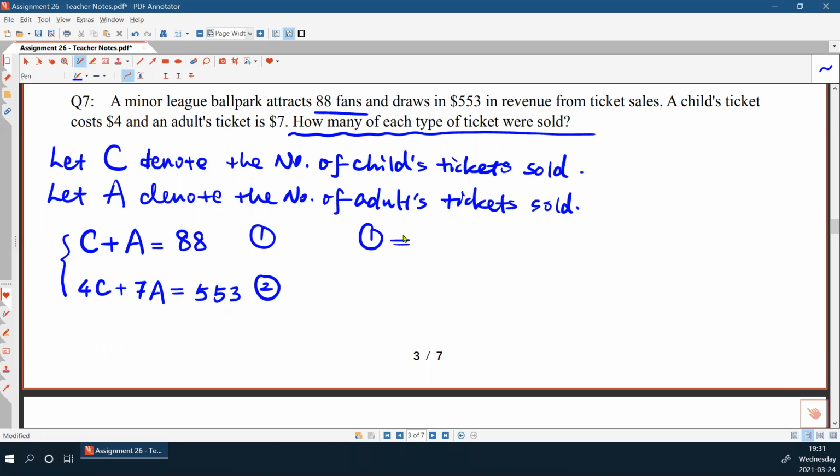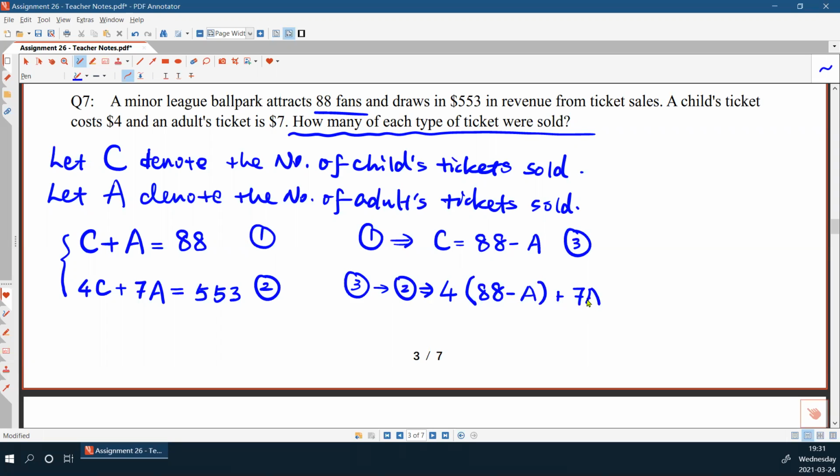Okay, from equation 1, we can get that C is 88 minus A, right? So let's call this number 3. And then we can put number 3 into equation 2. This will give you 4C. 4C is 4 times 88 minus A, right? Plus 7A equals 553.